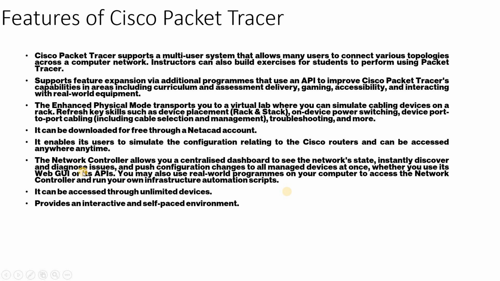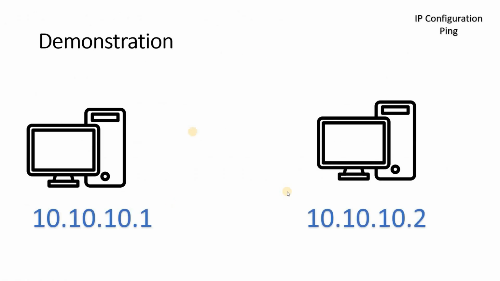Cisco Packet Tracer provides a graphical user interface which includes all the components we need to implement the networking. So it creates the infrastructure to develop the networking. We can access unlimited devices. We can add more and more cables, PCs, and switches, and work collaboratively with Cisco Packet Tracer.